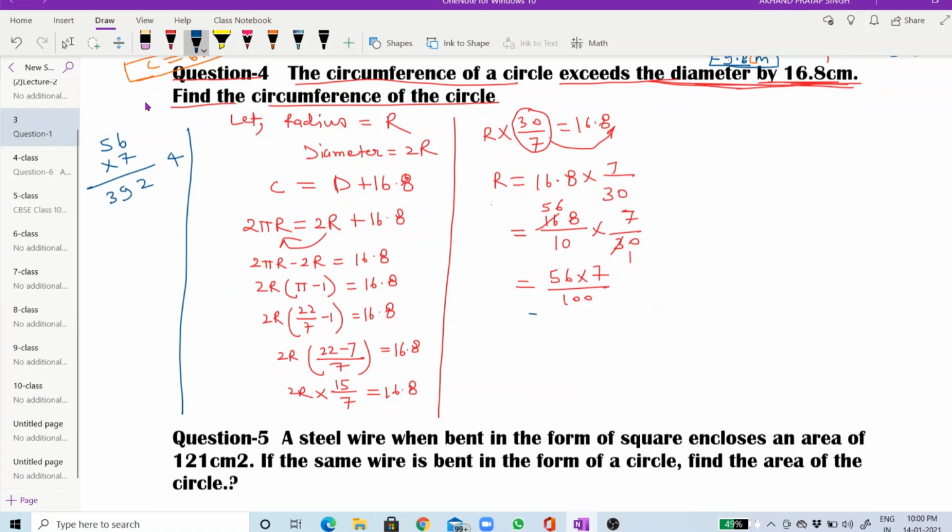So the value will be 392 upon 100 and it will be 3.92. So this is the radius.